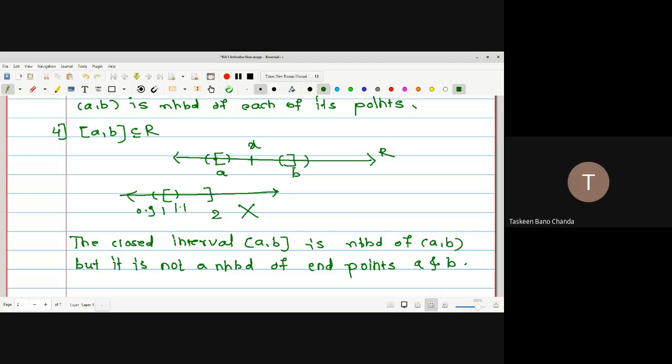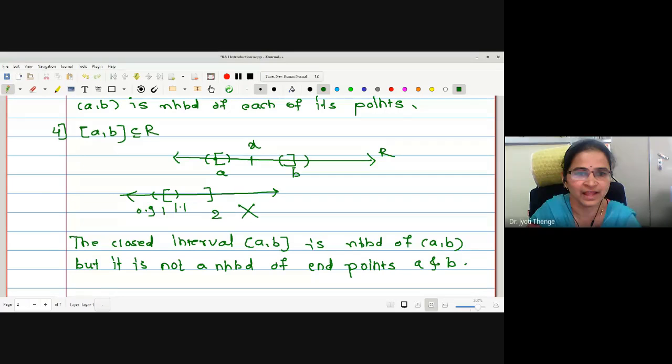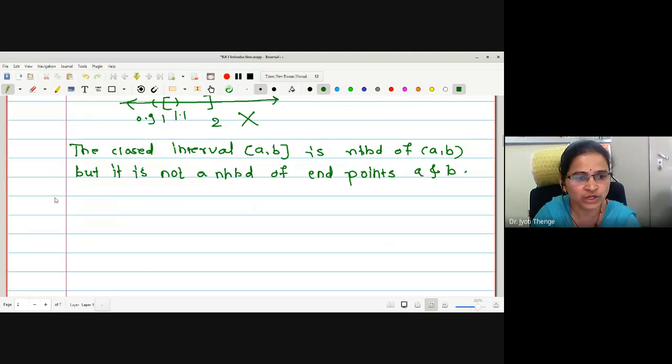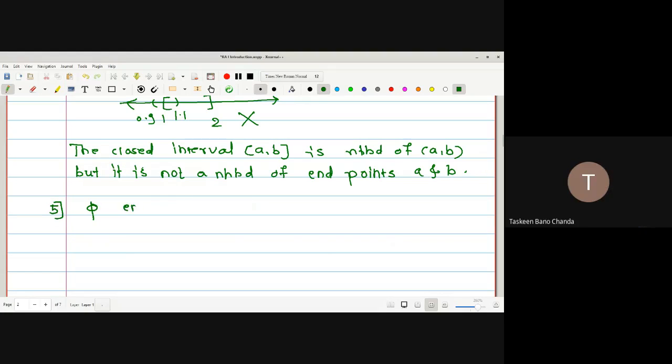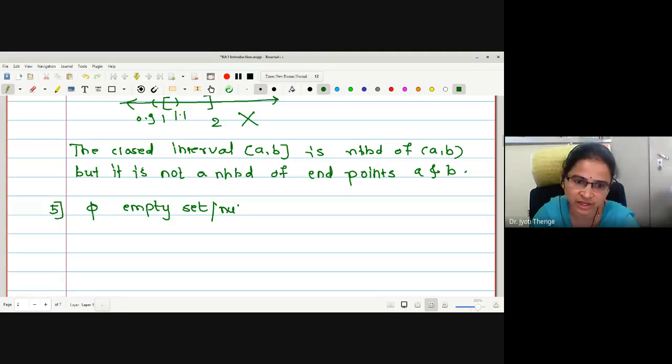Yes, ma'am. Now let me go to the next example. What do you think for the set phi? What is set phi? Empty set. Null set, empty set, they mean the same. The question is whether the null set is a neighborhood of each of its points.